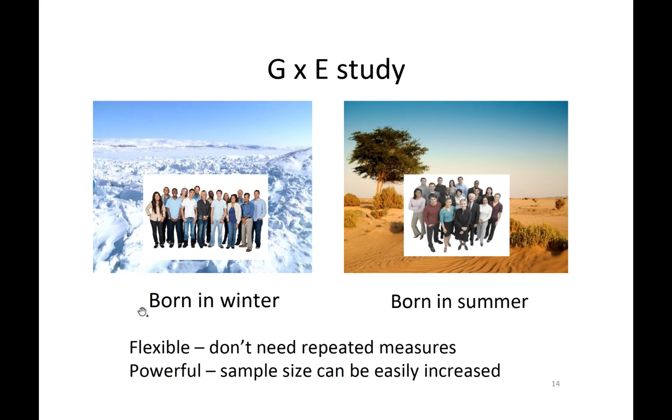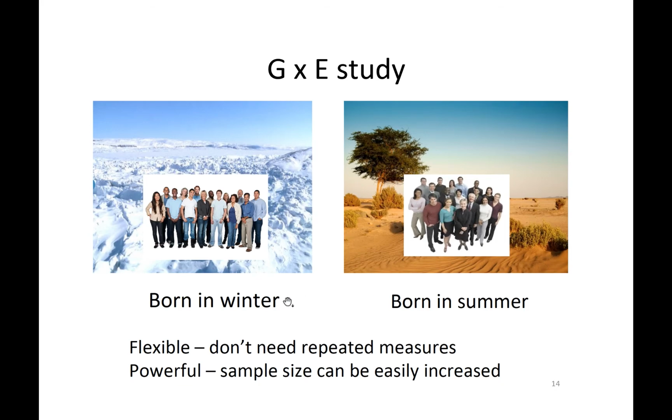But because this is birth information, it's not possible for anybody to have multiple repeated measures, right? Because people have only one birth date, not multiple dates. That's why such a G by E study has never been possible in traditional design.